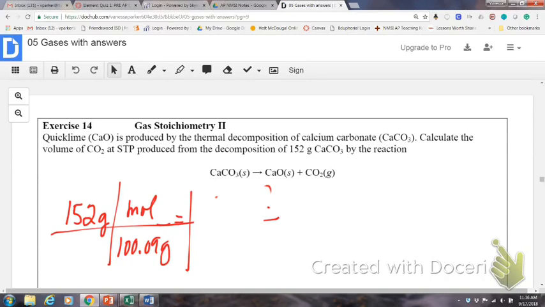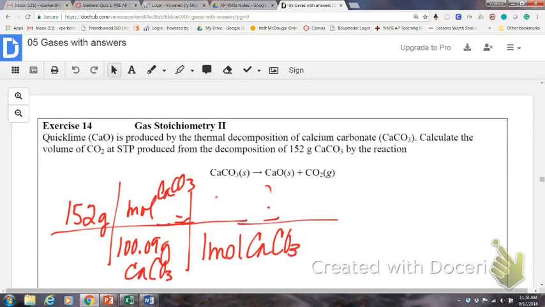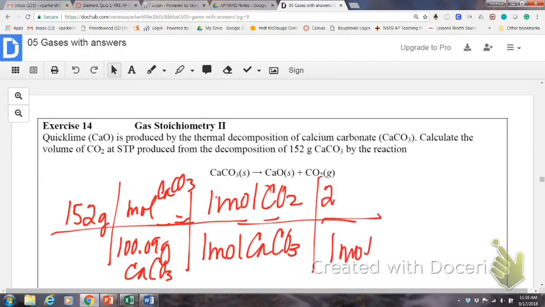So this was calcium carbonate, and then 1 mole of calcium carbonate, don't leave out a mole ratio, even if it's 1 mole of CO2. And then you could say 1 mole is 22.4 liters.